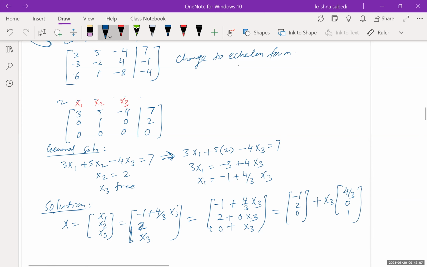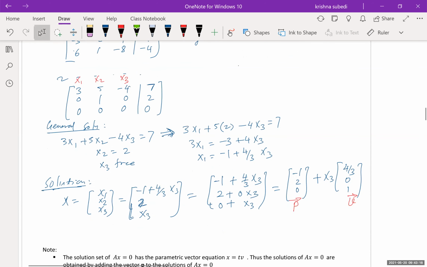Notice that this part is the same as before. Let us suppose that this is my V, and let us suppose that this is my P. Then x is in the form of P plus x3 V.